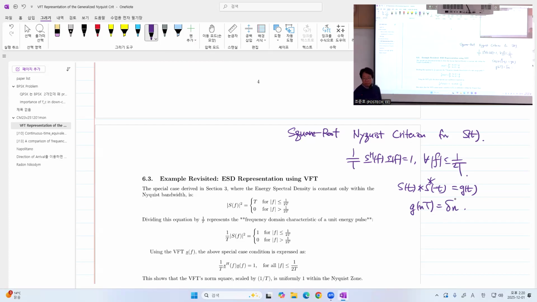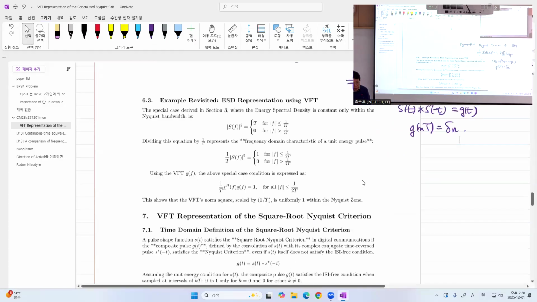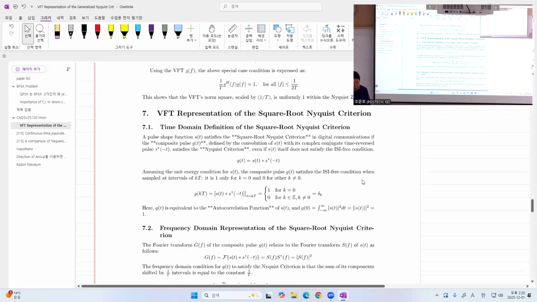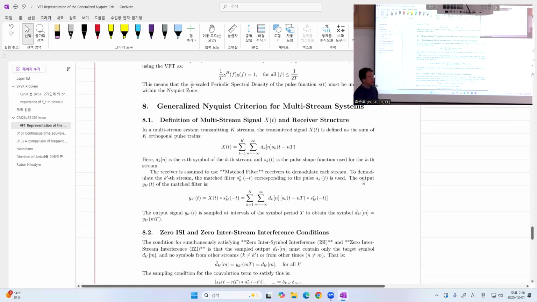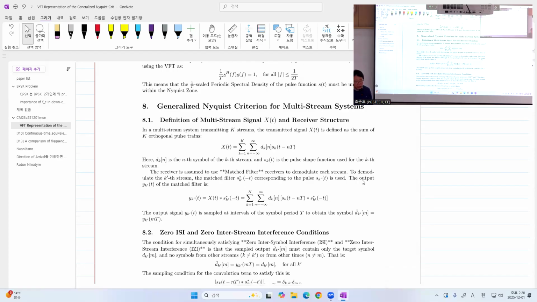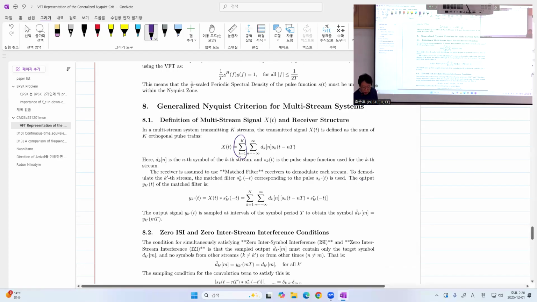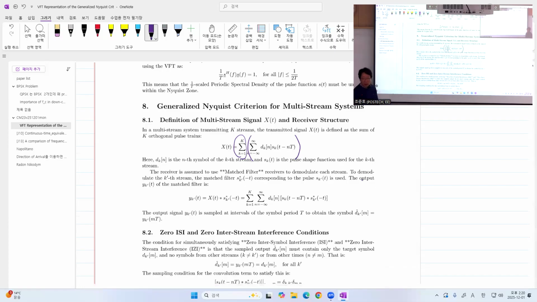Now, what about the generalized case? Here goes the signal model for the generalized case, where we have capital K streams of QAM type modulated signal, where the sequence is now subscripted by k, and the transmit pulse also has subscript k.